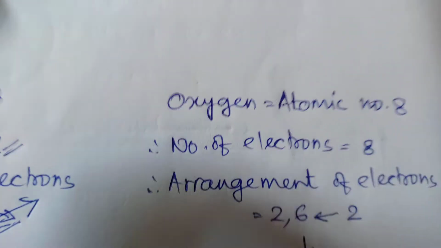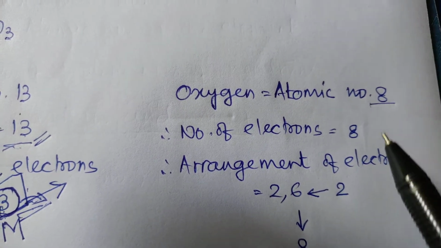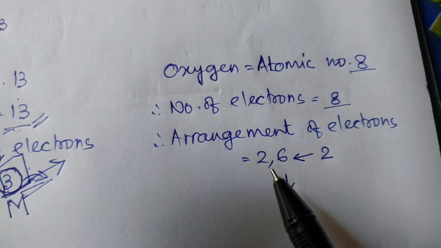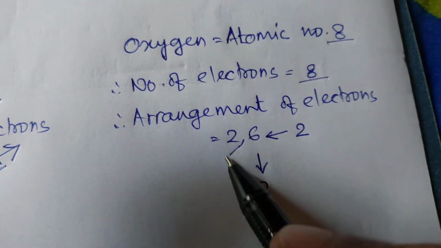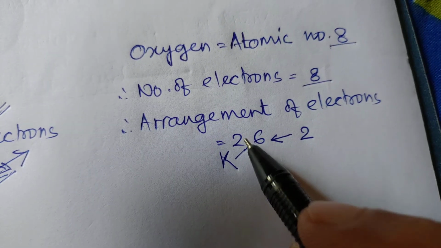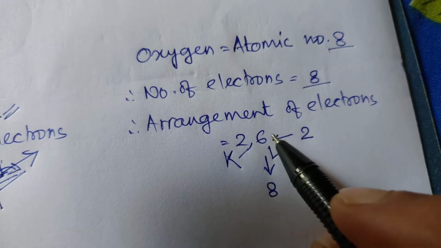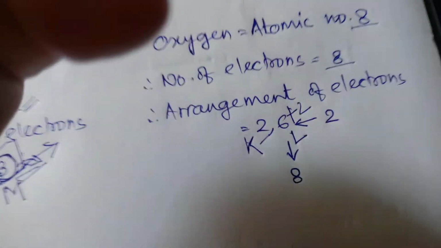Now coming to oxygen, atomic number 8. So the number of electrons will also be 8. The arrangement of electrons is like this. In the first shell, the K shell, it will be 2. The remaining 6 are arranged in the L shell.